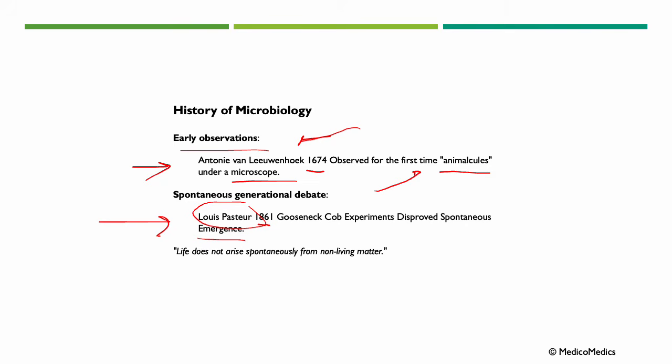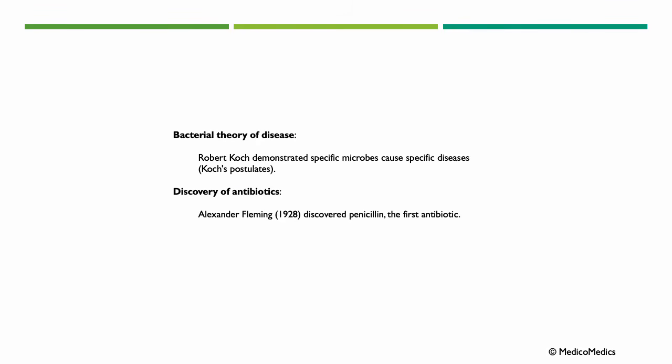So for a long time, people didn't know that tiny invisible organisms actually existed. And these kind of scientists, like Pasteur and Antoine, discovered this hidden world and proved that these creatures actually could cause diseases. And this was the start of fighting diseases scientifically. Now, we have a bacterial theory of disease.